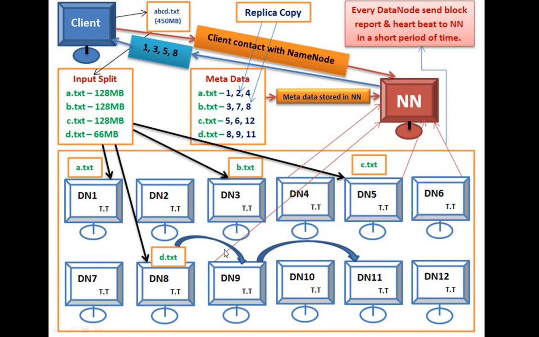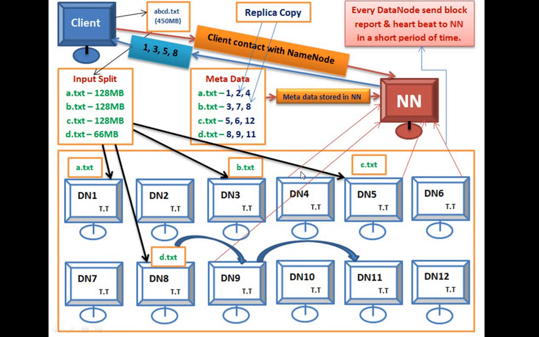It means each data node sends a block report to the NameNode and says: hey NameNode, these are my block reports, showing which block has which file. So the NameNode has all the metadata information about the blocks of the data nodes.